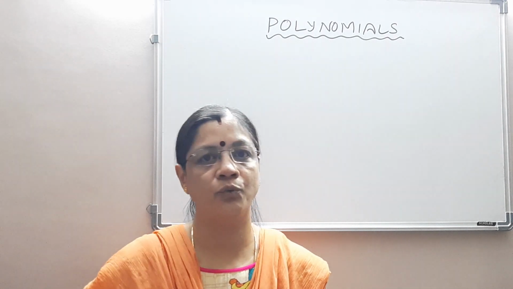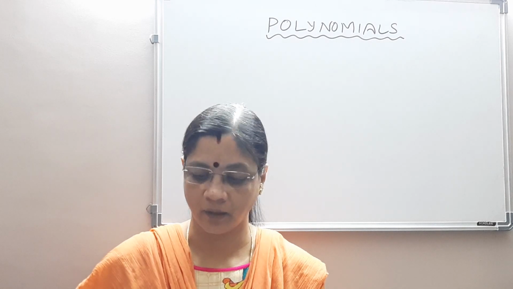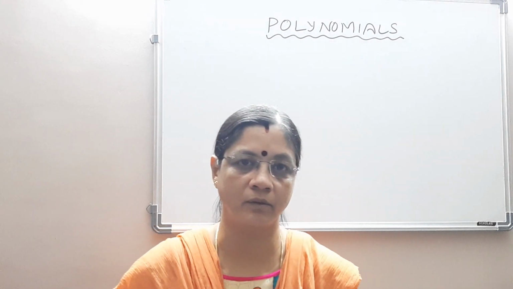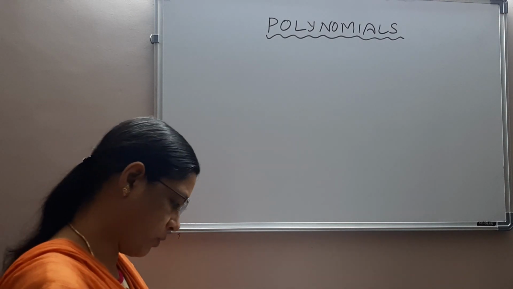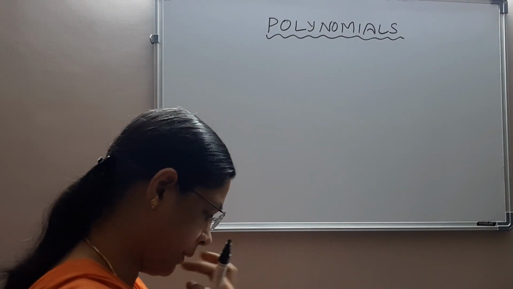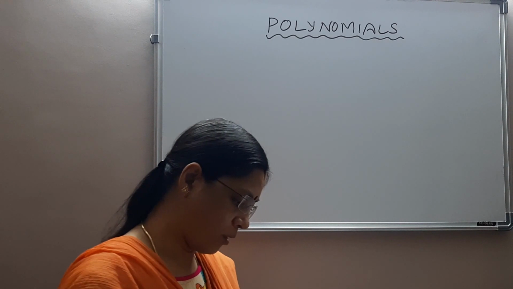So let us continue with some more problems so that we could understand still better. Okay, now let's move on to the problems. Now the next problem is determine the value of a.